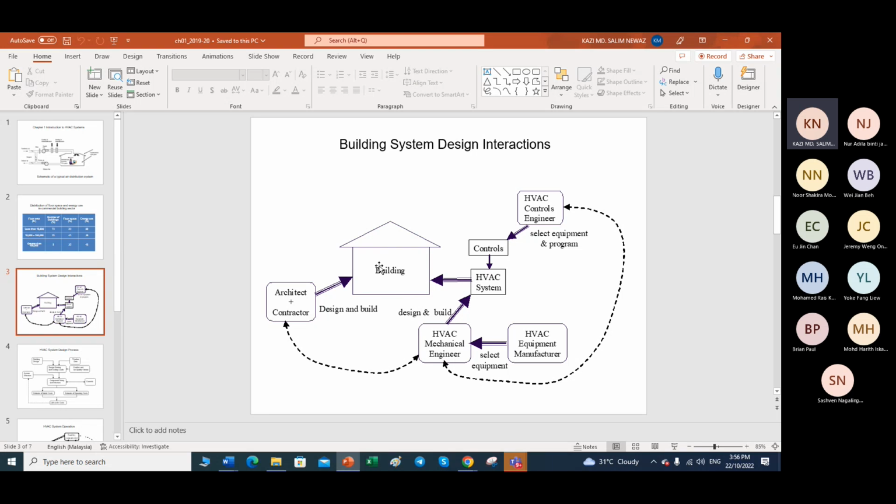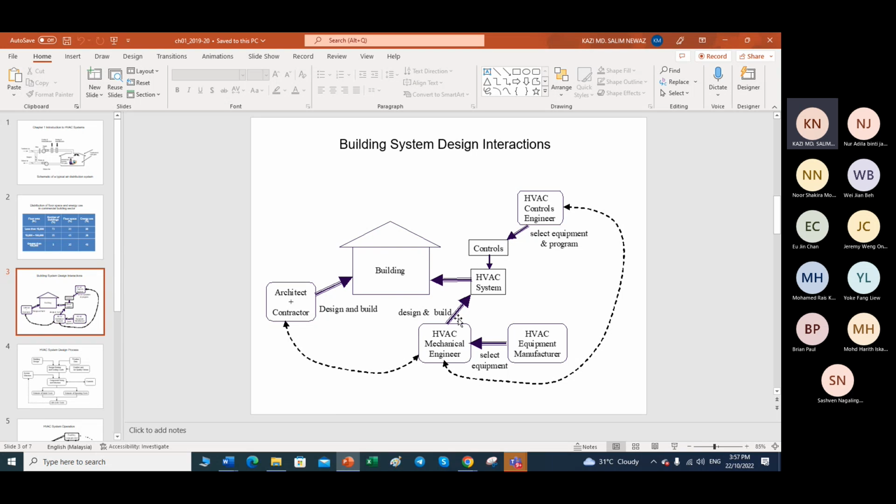Once the design is done, at the same time the heating, ventilation, and air conditioning system of the building will be taken care of. This heating, ventilation, and air conditioning system is directly linked with its control system.